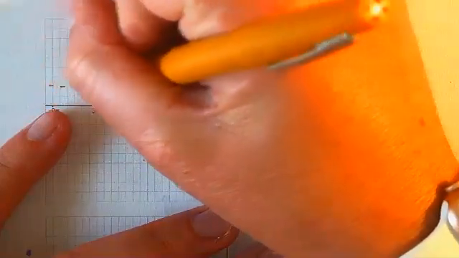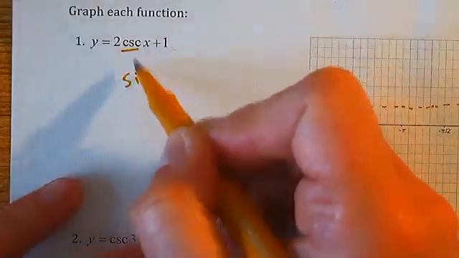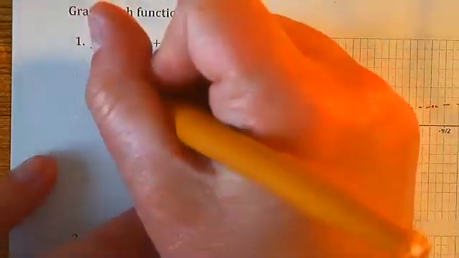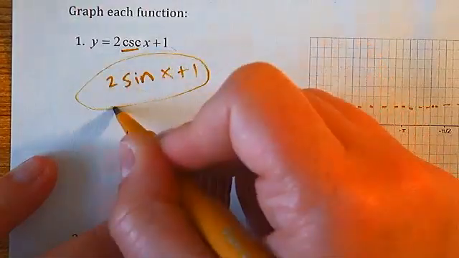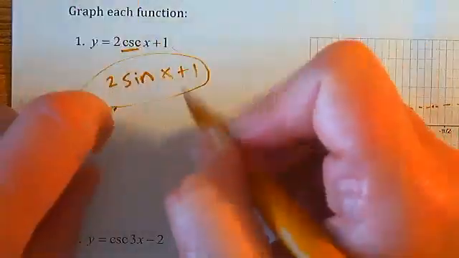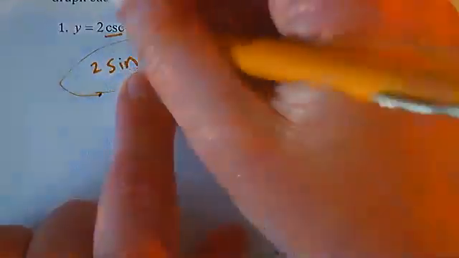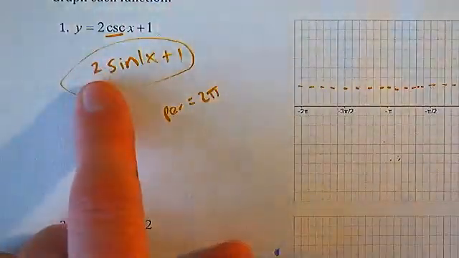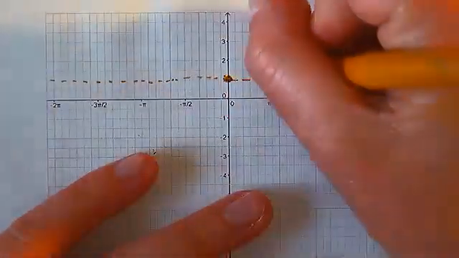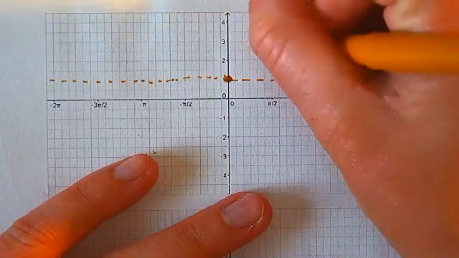What I'm graphing right now is literally the same thing. I'm just changing the cosecant to sine. So this is 2, and then instead of cosecant, sine x plus 1. So I'm graphing that first, then I'm going to draw my asymptotes and parabolas. So up 1, my period is 2 pi, and my amplitude is 2.